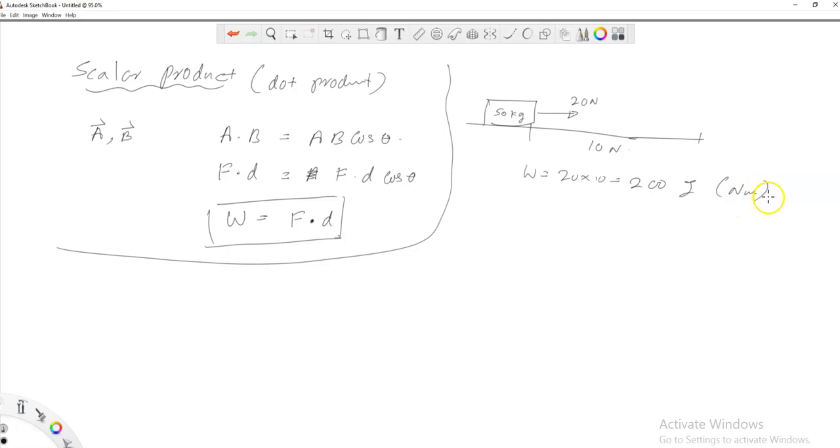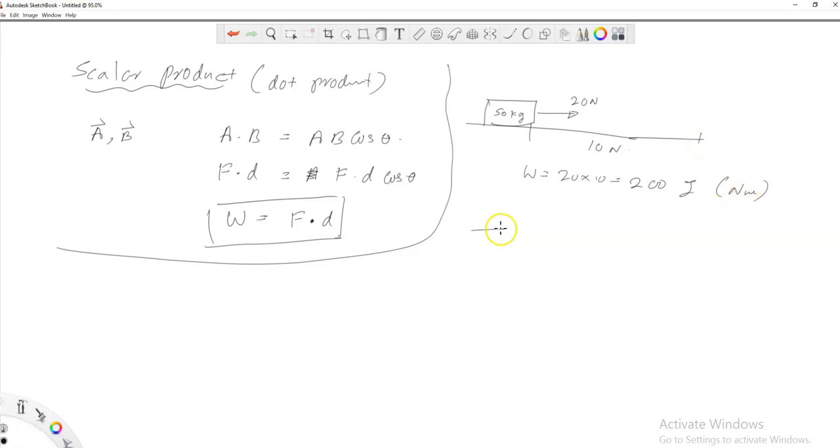Bigger the box, it will take more time for you to move it because it's going to move slowly. Lighter the box, more acceleration you get, it moves faster, you end up having higher speed at the end. But we are not concerned about any of those right now. What we need to find is the amount of work, how many joules you are spending, so that's simply force times displacement. The dot just multiplies them, right? Since they're in the same direction, you don't have to worry about the cosine theta.